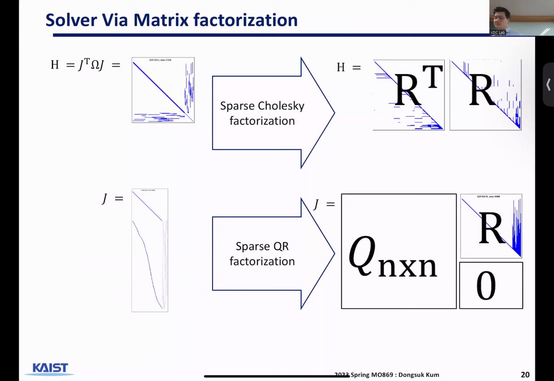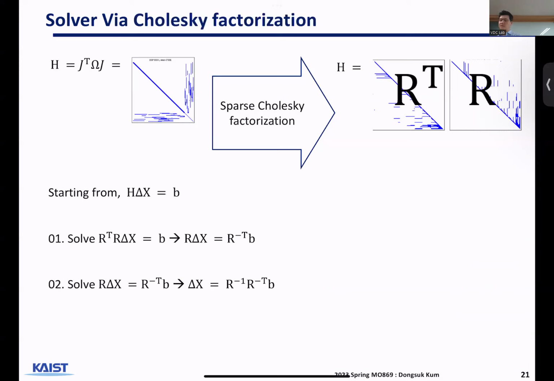So we had to invert this H matrix. But the point is, if we apply this factorization theory, we can do it much more efficiently.